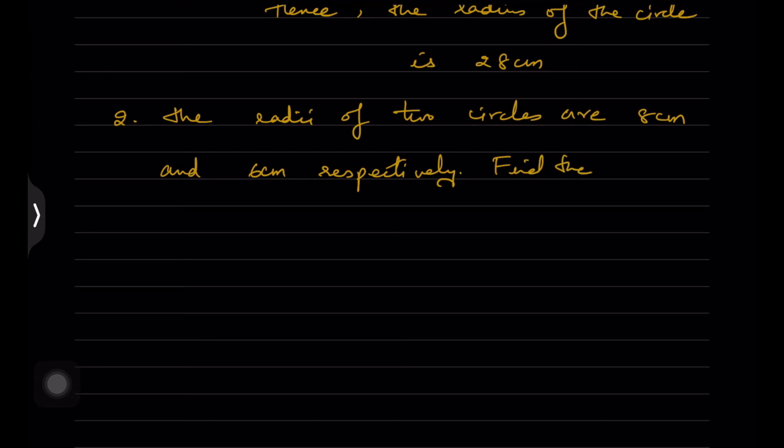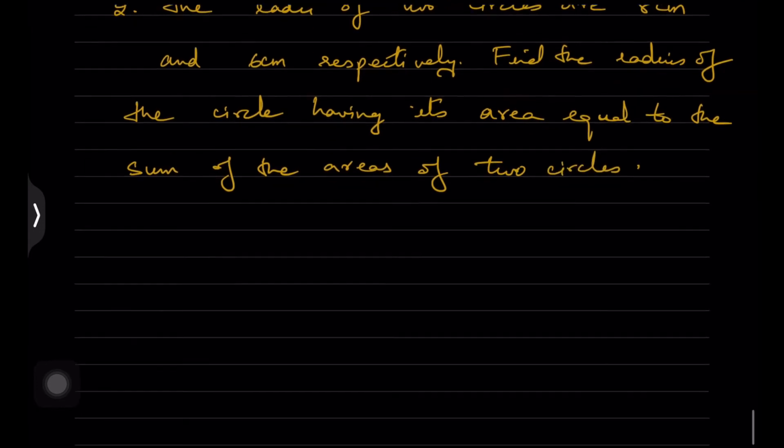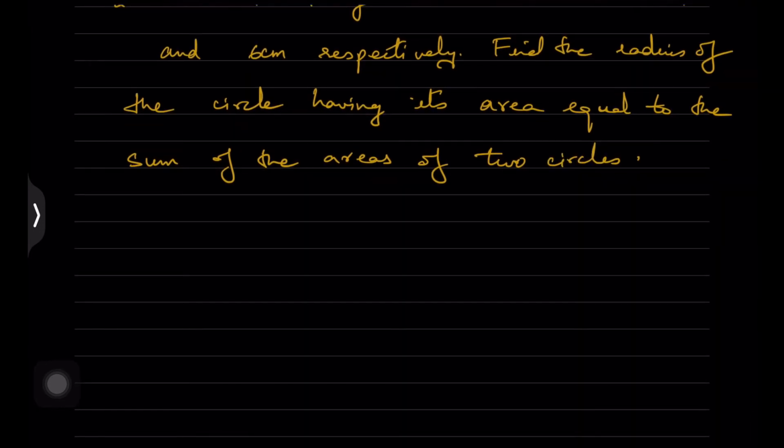Find the radius of the circle having its area equal to the sum of the areas of two circles. So previously we were taking the circumference, now we have the areas. The same type of problem, but here with areas.